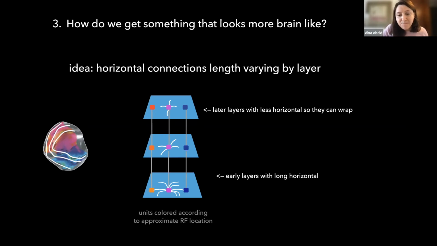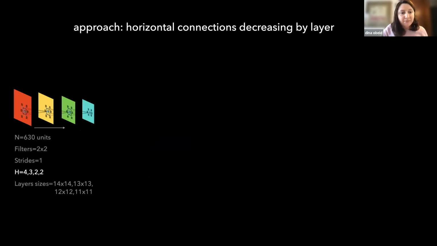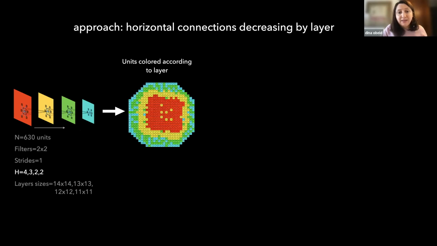So we're going to look at a network here. Again, this is the 2x2 network that I previously showed you results of, forming one visual area. And again, I showed you how it can become non-biological. Now, when I vary the horizontal connections, I start to see a very obvious organization by layer, where your first layer forms at the center, and then the second layer wraps around it, and the third, and then the fourth.